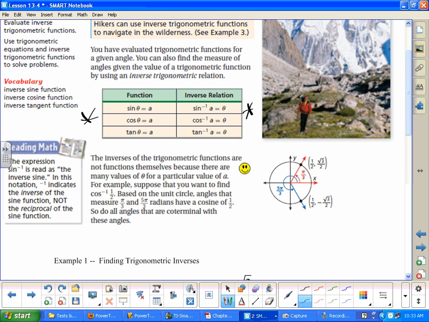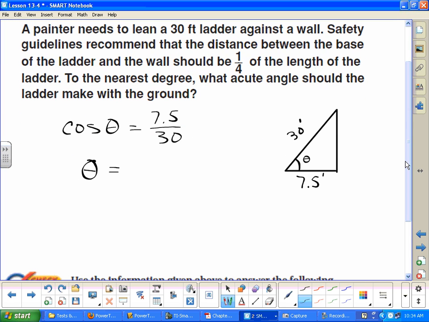So if I know the angle, I can just do cosine of the angle and it gives me the ratio, right? But in this case, we don't know the angle, we know the ratio. So if I do the inverse cosine of the ratio, it'll find the angle. So whenever you're trying to find an angle, then we're going to do the inverse of it.